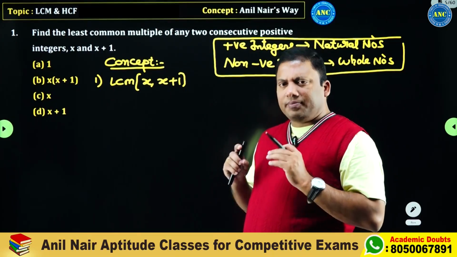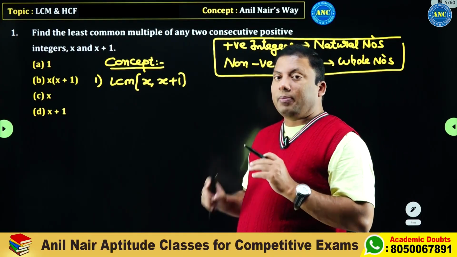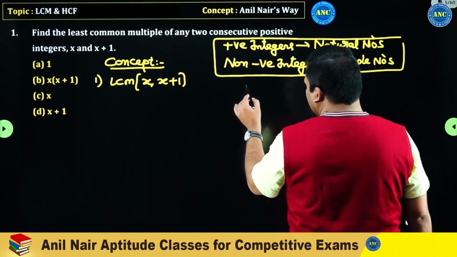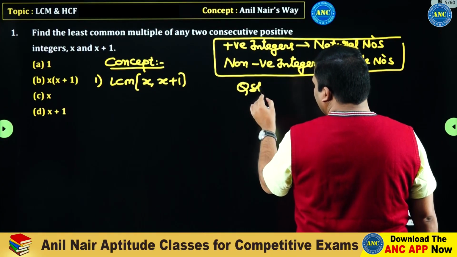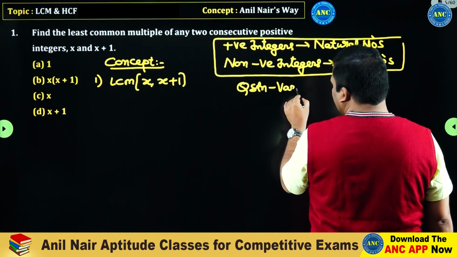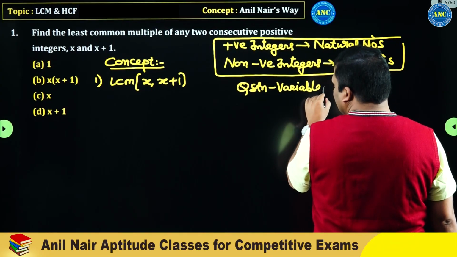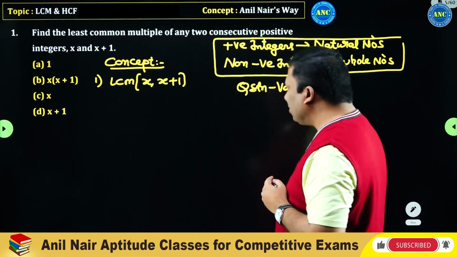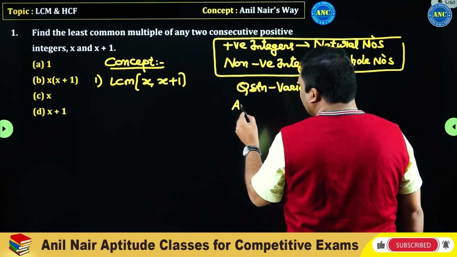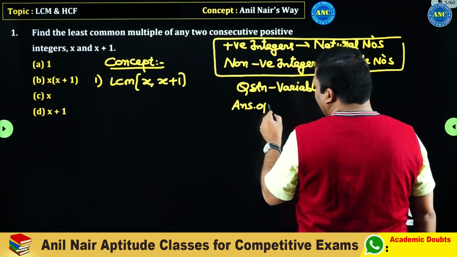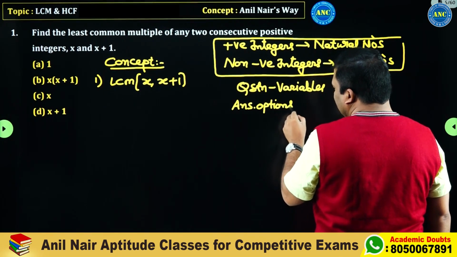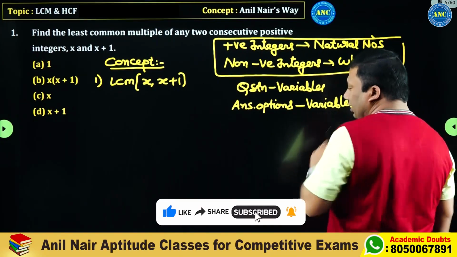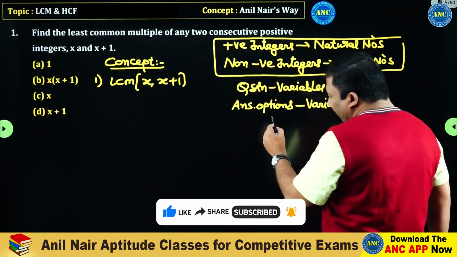Now, this question can also be a part of algebra questions. A few important things which I will discuss. The first thing is, if the question contains variables, x and x plus 1, they are all variables, and the answer options also contain variables, this is a part of algebra questions.